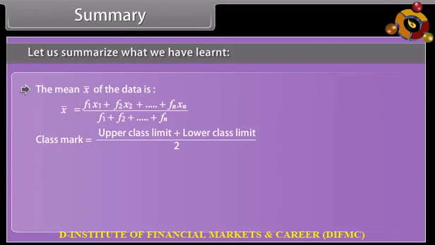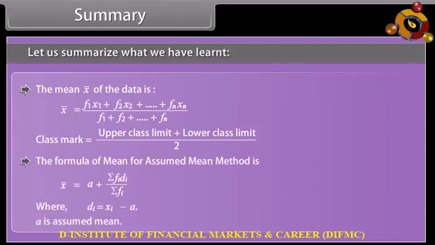Class mark equals (upper class limit plus lower class limit) upon 2. The formula of mean for assumed mean method is assumed mean plus summation of the product of fi and di divided by summation of fi, where di is equal to xi minus a. a is assumed mean.